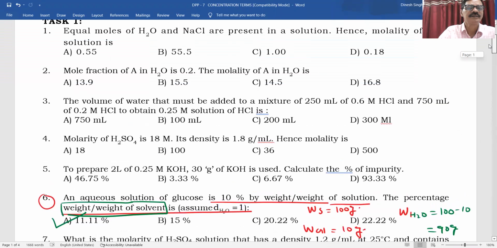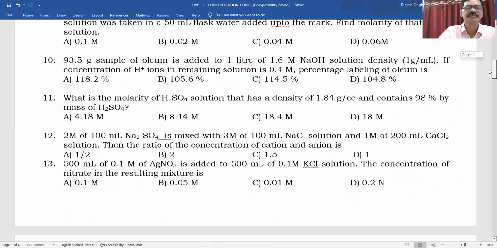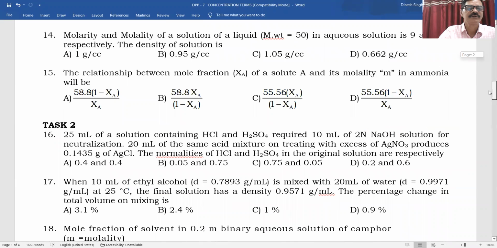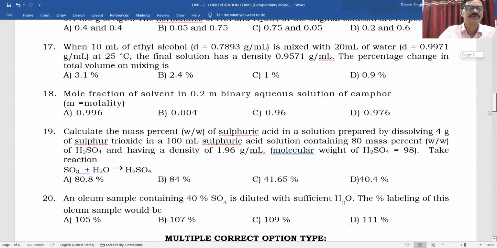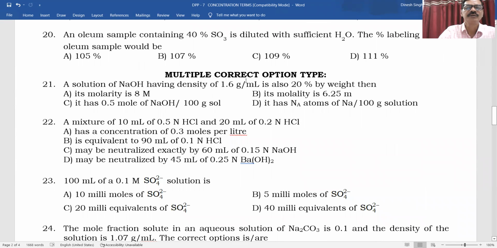Again we can see mole fraction. Here some mixed concept questions are there. A solution having density 1.6 gram per ml is 20% by weight. Weight by weight question is this. Okay, no problem. I will formulate one question here only. So let us see.